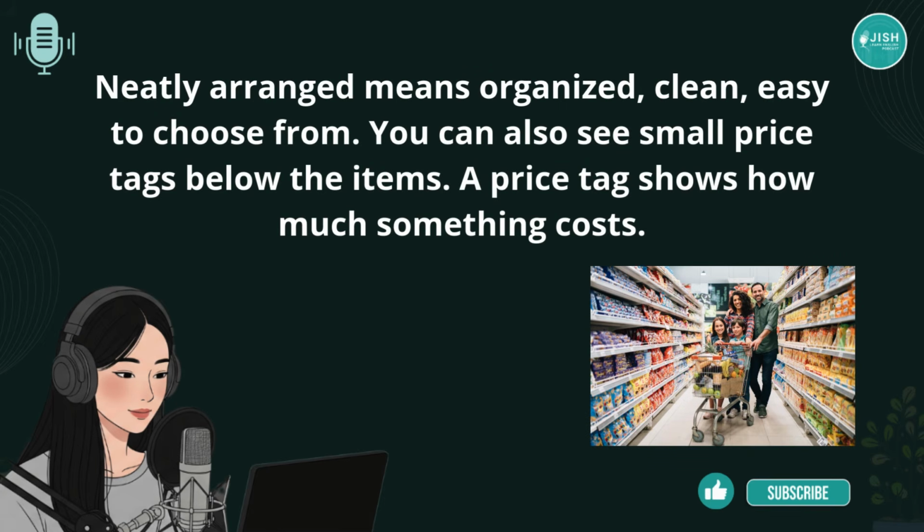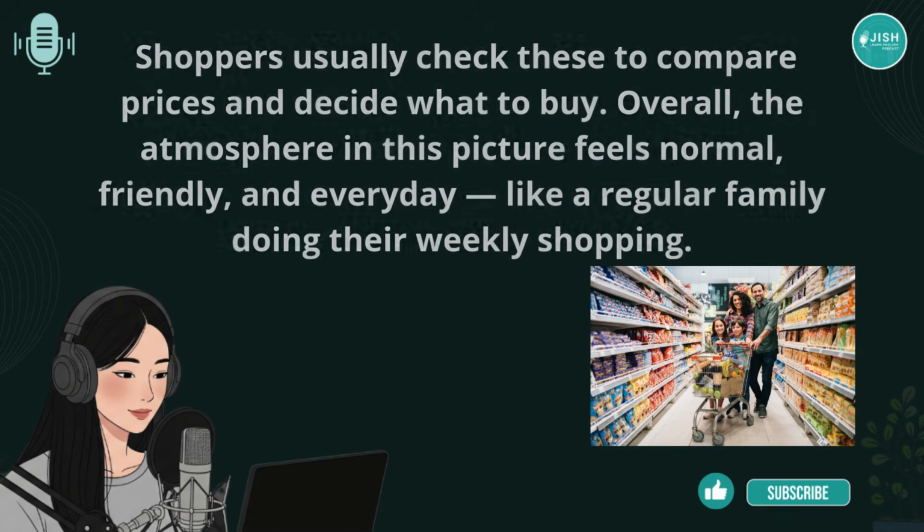You can also see small price tags below the items. A price tag shows how much something costs. Shoppers usually check these to compare prices and decide what to buy. Overall, the atmosphere in this picture feels normal, friendly, and everyday, like a regular family doing their weekly shopping.